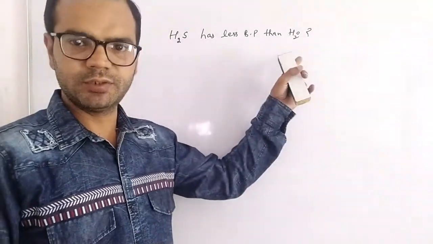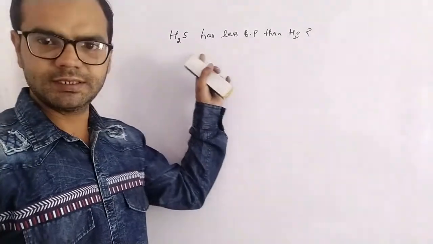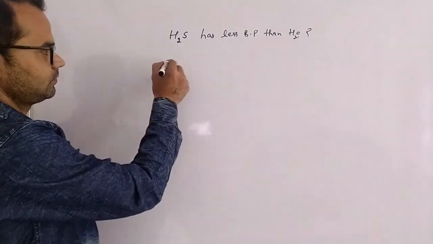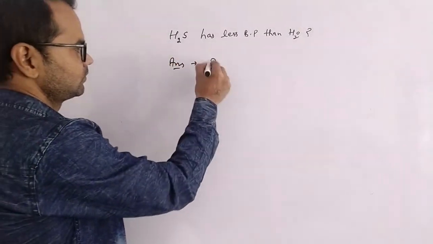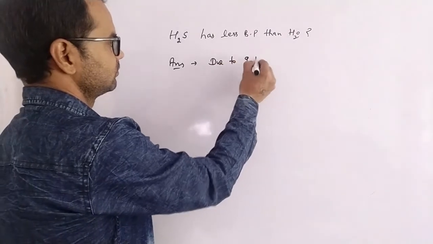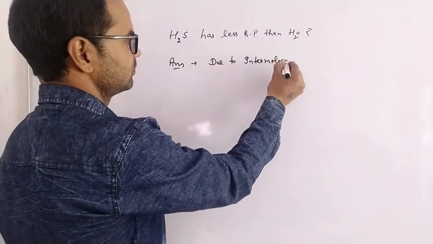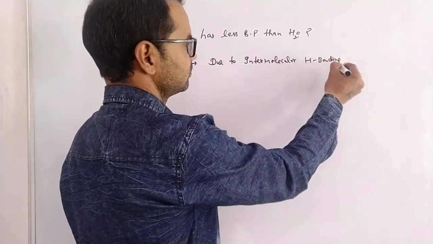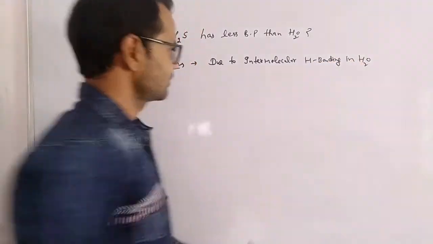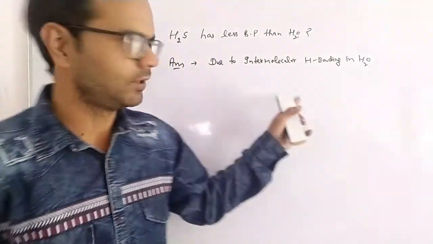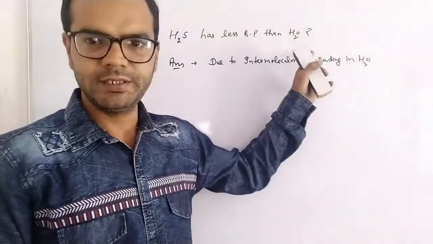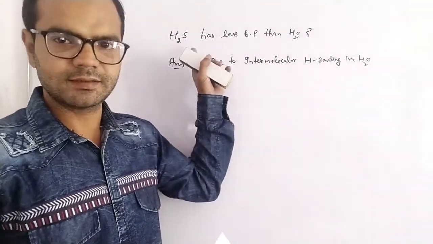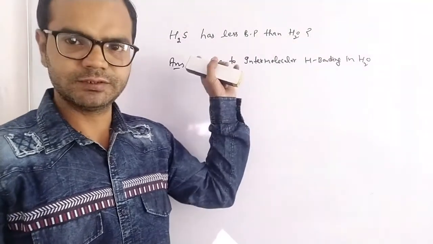In water there is intermolecular hydrogen bonding, but in H2S there is no intermolecular hydrogen bonding. So the answer is: due to intermolecular hydrogen bonding in water, it exists as a liquid, and due to lack of intermolecular hydrogen bonding, H2S is a gas. The boiling point of a liquid is higher than that of a gas.